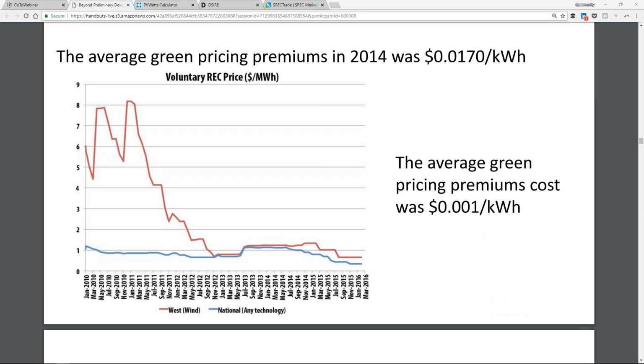And simply put, the average for renewable energy credits outside of those very expensive Northeast Coast markets, the renewable energy credits are almost worthless. I mean, the average premium is less than 1/10 of a cent a kilowatt hour. And so if you're paying 11 or 12 cents for your electricity, the green energy mandates are less than 1% of your electric bill.